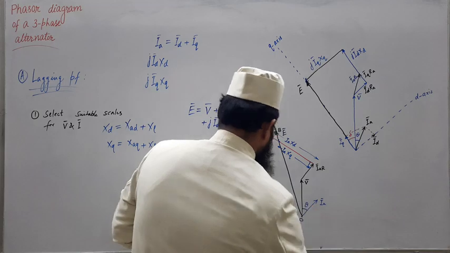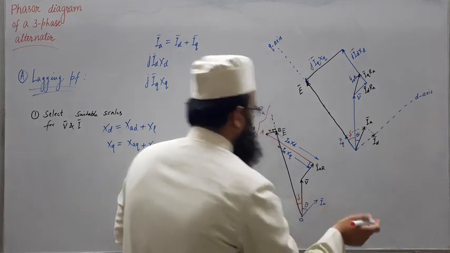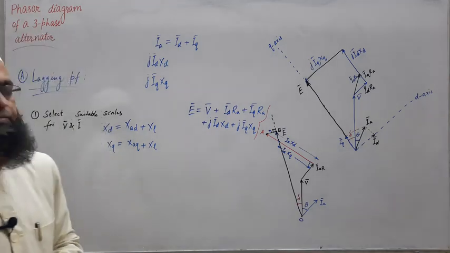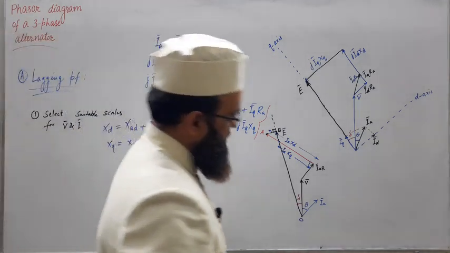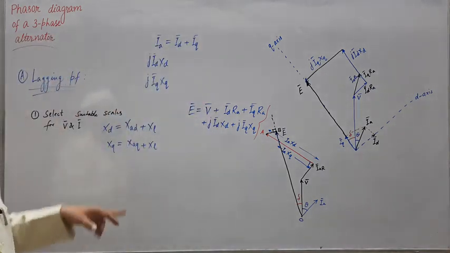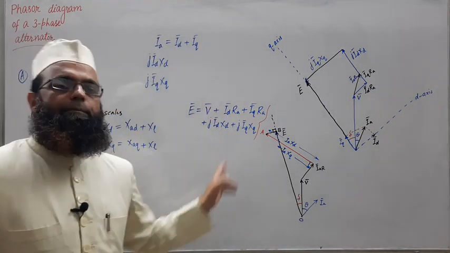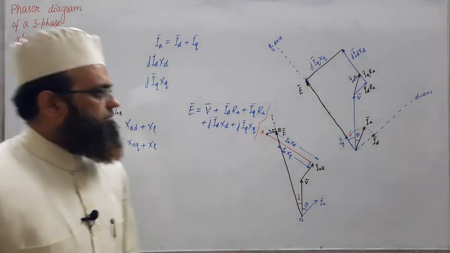And now this angle delta is known. On graph paper you can measure it, or directly you can evaluate it if asked in the problem. So both ways we have drawn the phasor diagram of a salient pole synchronous machine.